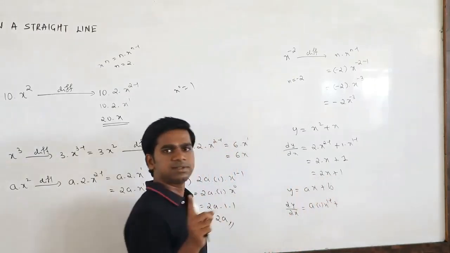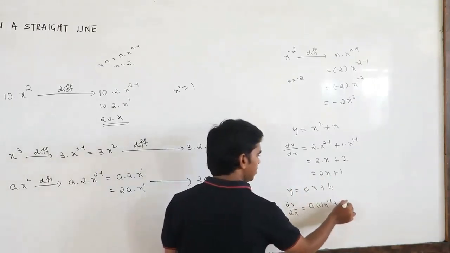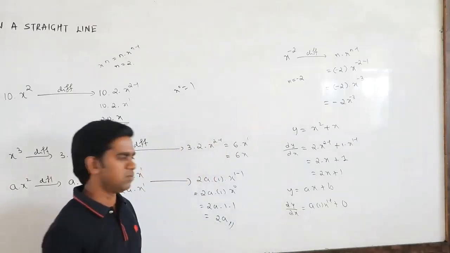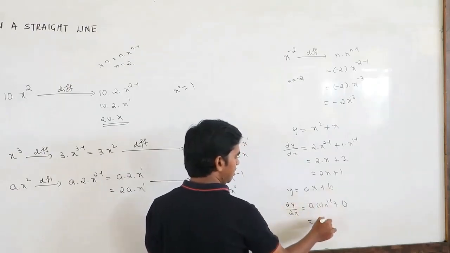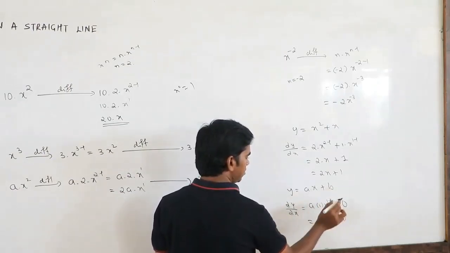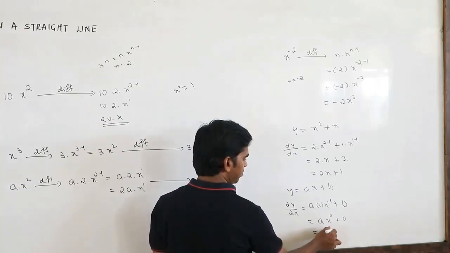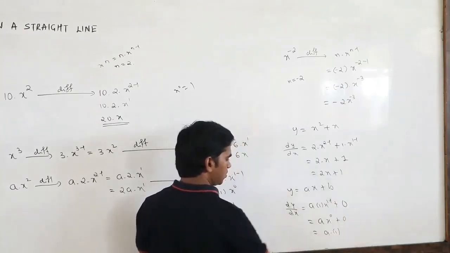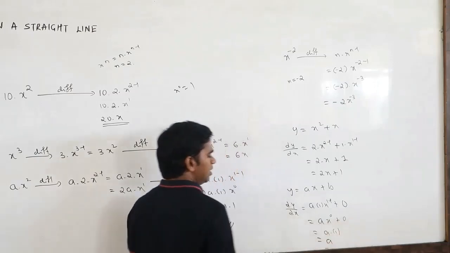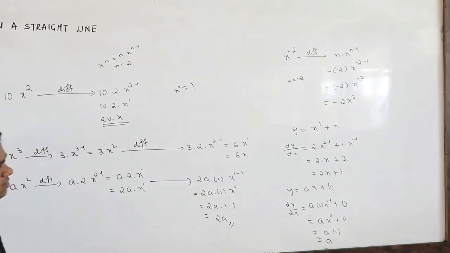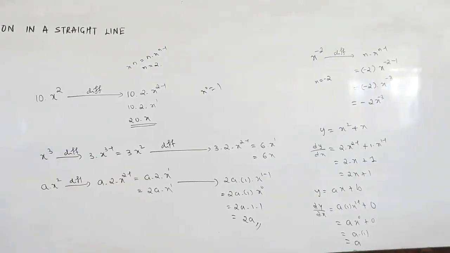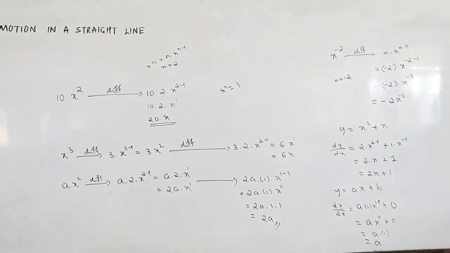Differentiation of constant is what? 0. So a into x raised to 1 minus 1, that is x raised to 0, is 1. Plus this is also 0. So no need to worry about that one. So only a remains. Like this you practice by taking x square, x cube plus x square plus 2x, something like that. So you will come to know that.